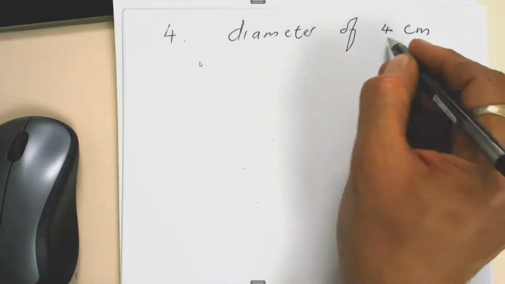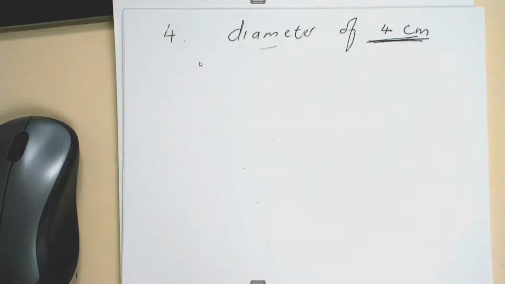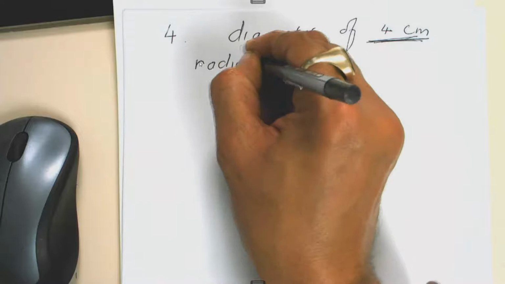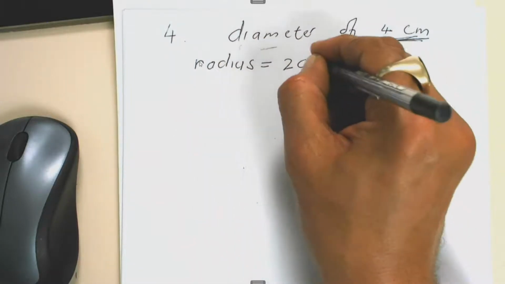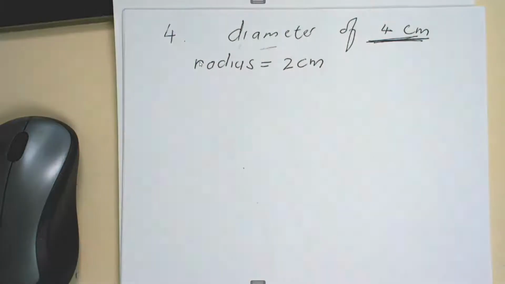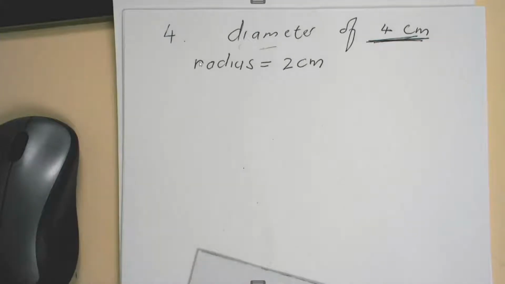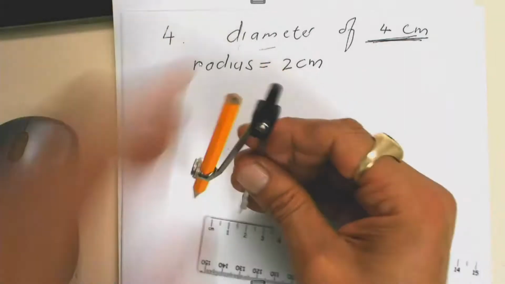The moment I know the diameter is 4 centimeters, I know the radius will now be equal to 2 centimeters. So immediately I know I must set my compass on 2 centimeters.